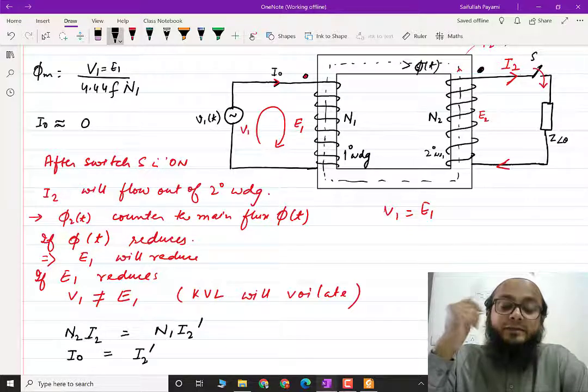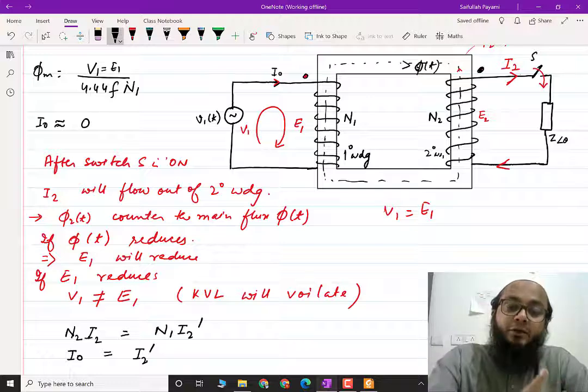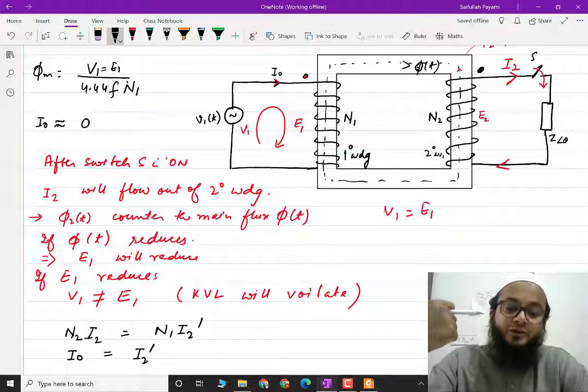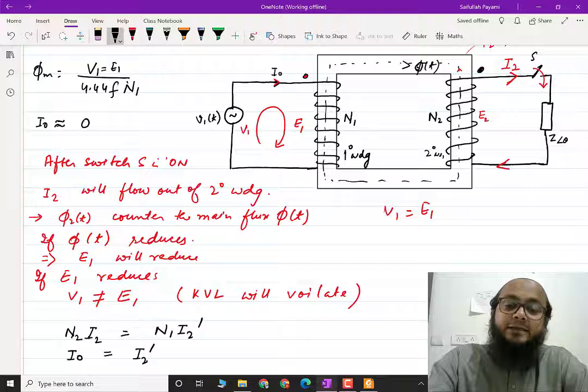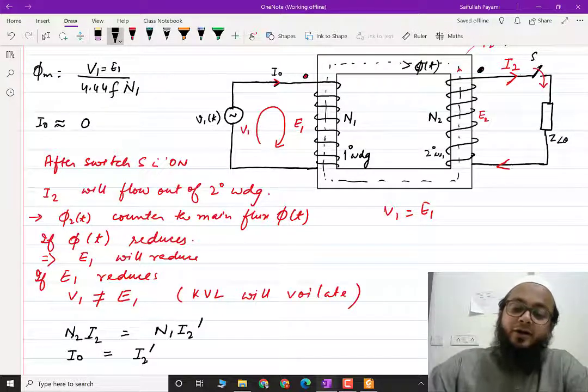So what it will do is draw the equivalent amount of MMF from the primary source to adjust this N2 and I2, so that the flux in this core remains the same.